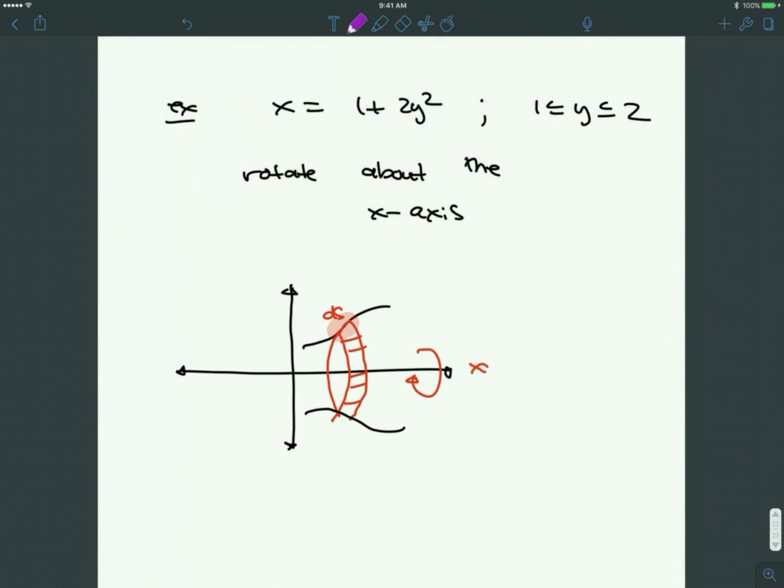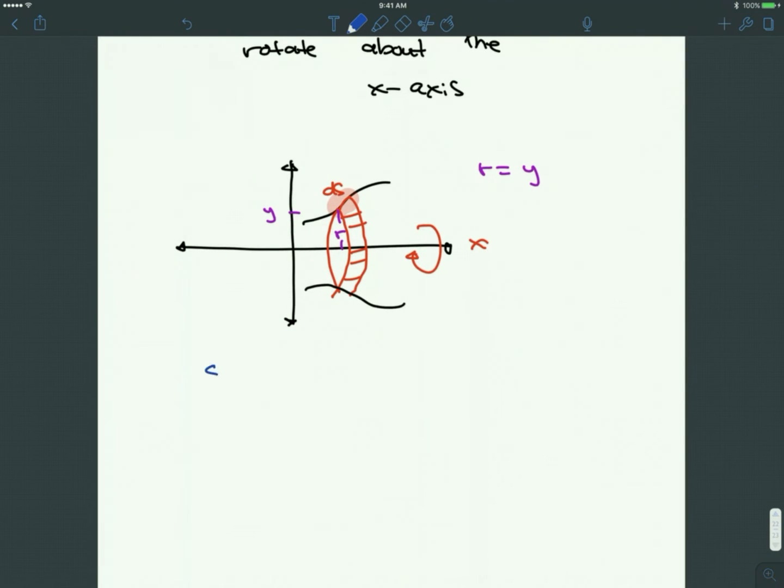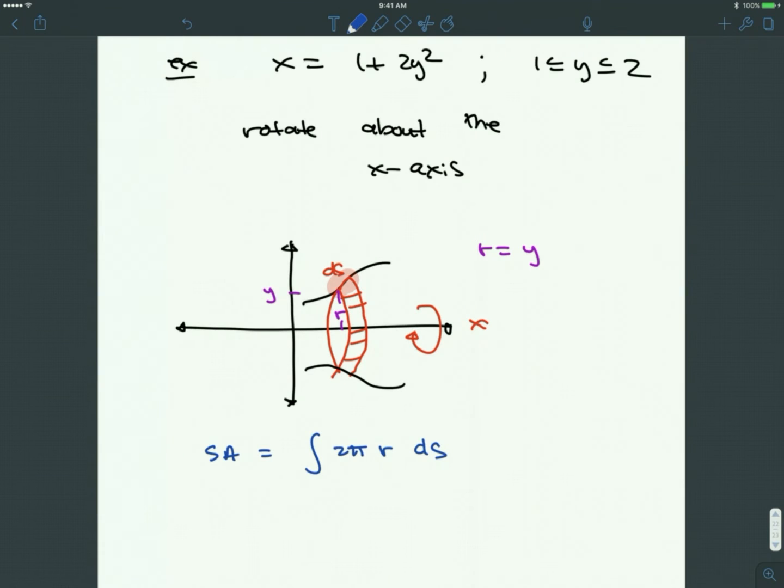And that tells us now that this is our radius, and our radius is a y value. So here, r is y. Now using our surface area formula here, we have the integral of 2 pi r ds. We already know what the radius here is. The radius here is y.